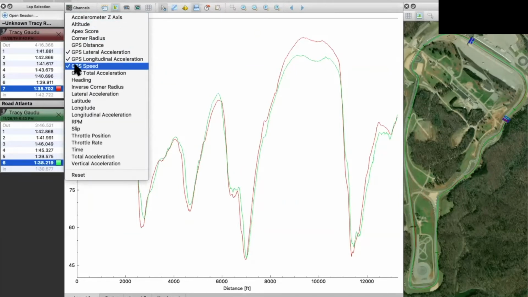Gang, these are the three that you need. This is the foundation of learning. Talk to any data analyst, talk to any data pro, and they will echo the need for understanding these three as the first thing that you do. Lateral, GPS-generated, long, GPS-generated, and speed.